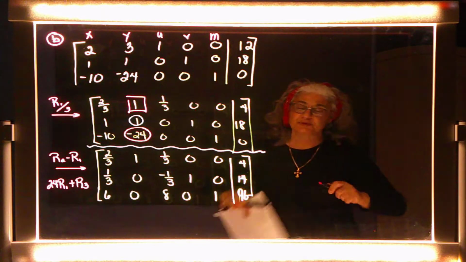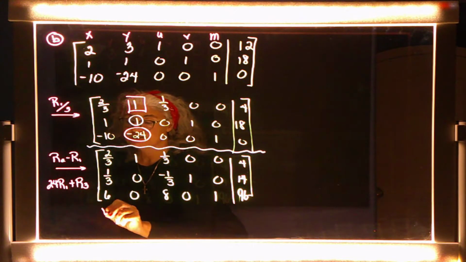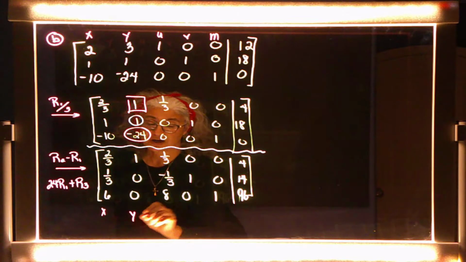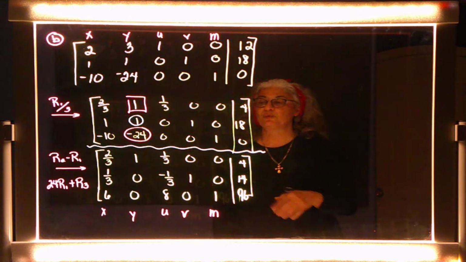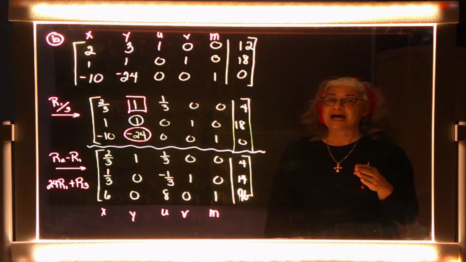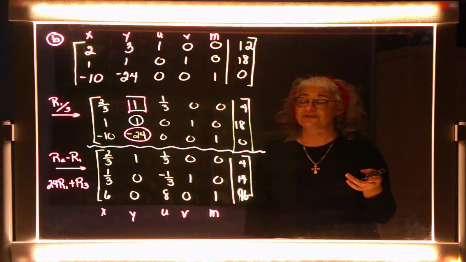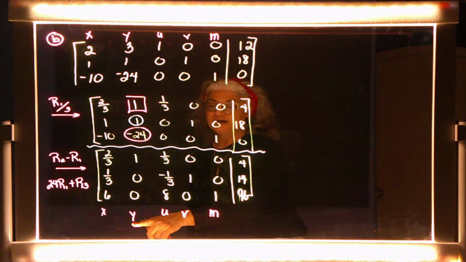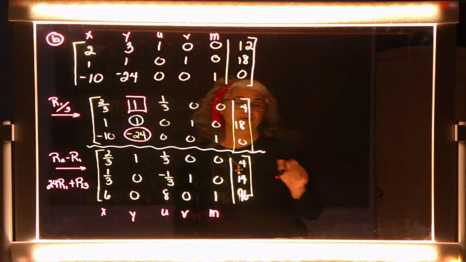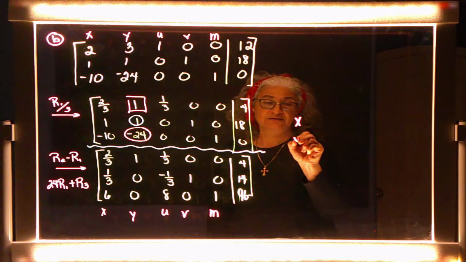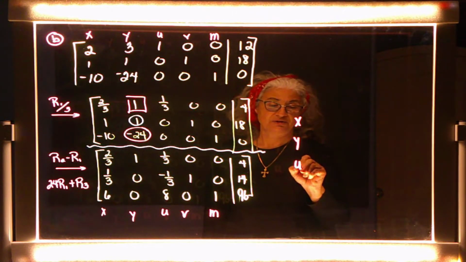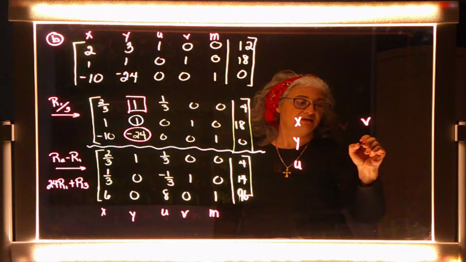So I'm going to relabel our columns. This one's the X, the Y, the U, the V, and the M. So check it out. Which columns have the 1s and the 0s? Yeah, the Y, the V, and the M. Correct?